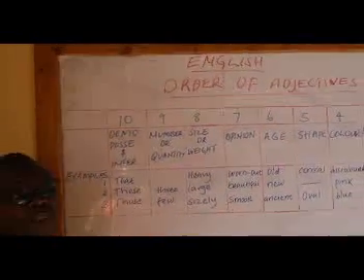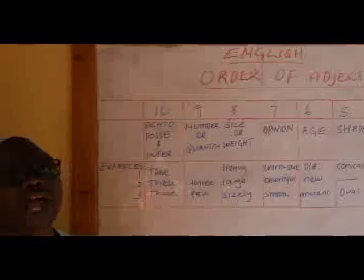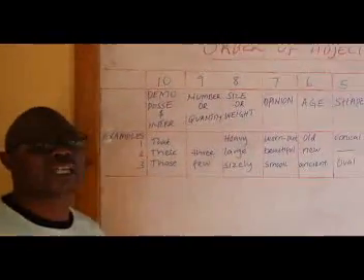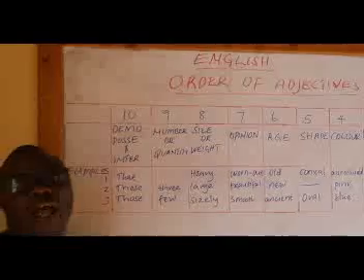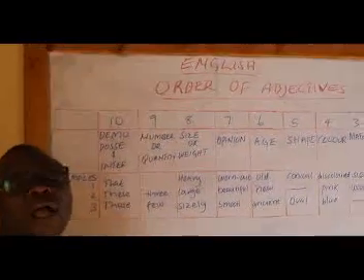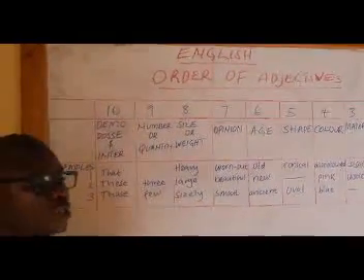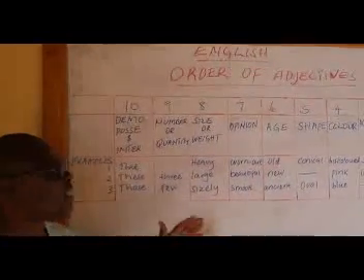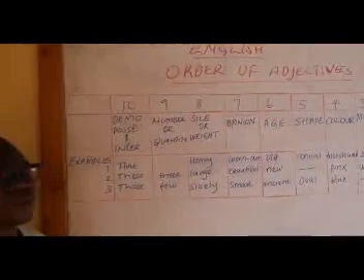Now, it can happen that in a sentence, we have several adjectives that are used in one sentence to describe one noun. So in such a case, you need to know which adjective comes where.